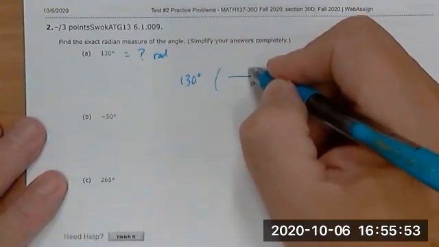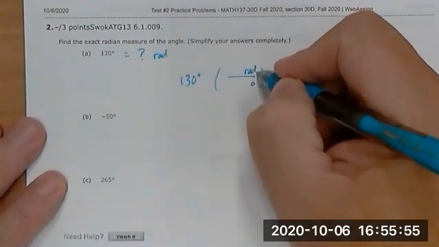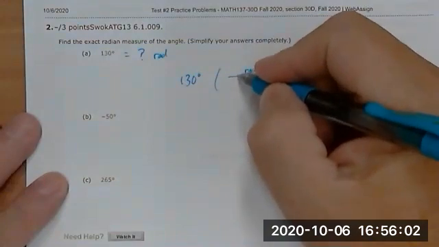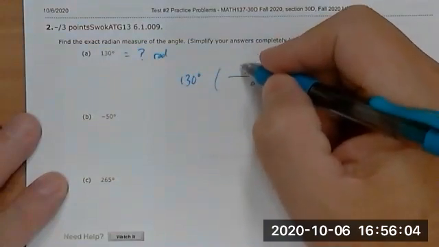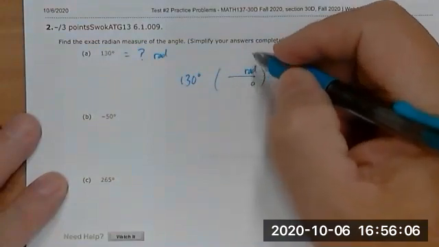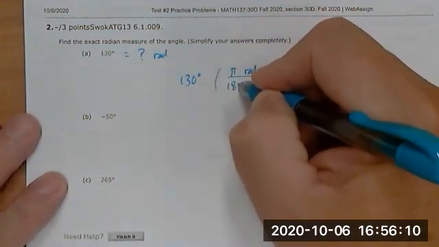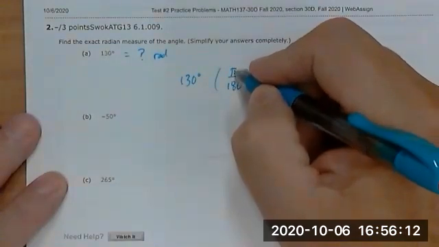What I'm trying to get to goes into the top. Now, normally you don't write radians, but I'm writing it here just to make it very clear what's going on. Then inside the parentheses, you ask, what's the relationship between degrees and radians? And in these problems, we normally say that 180 degrees is equal to pi radians.